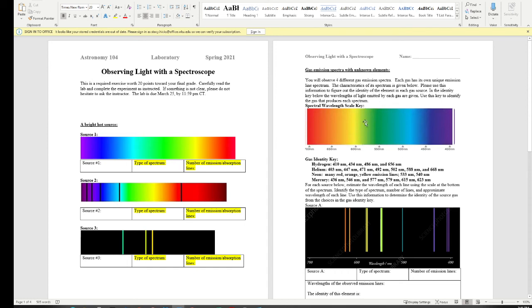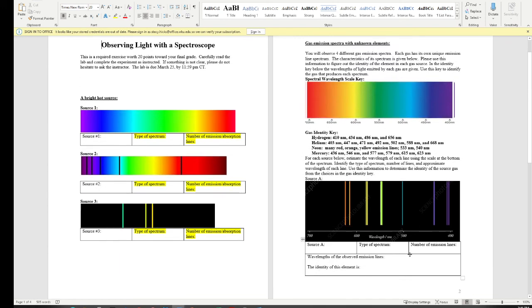So we're getting into a green range. And then the longest wavelength spectral line for helium would be in the 668 range, right? So that would be up here in the orangish red range, right?